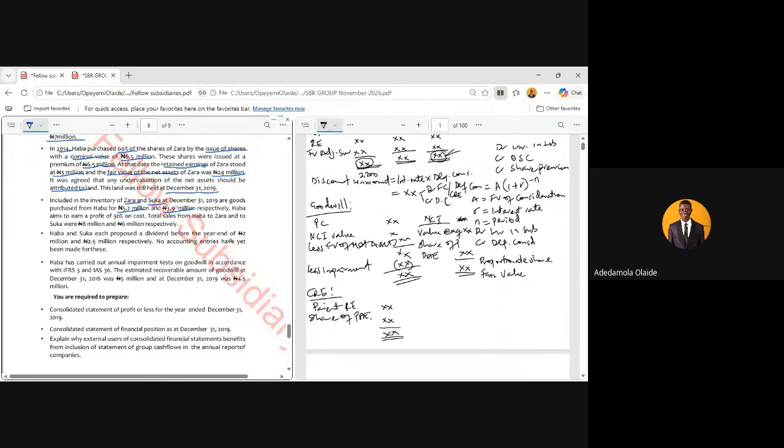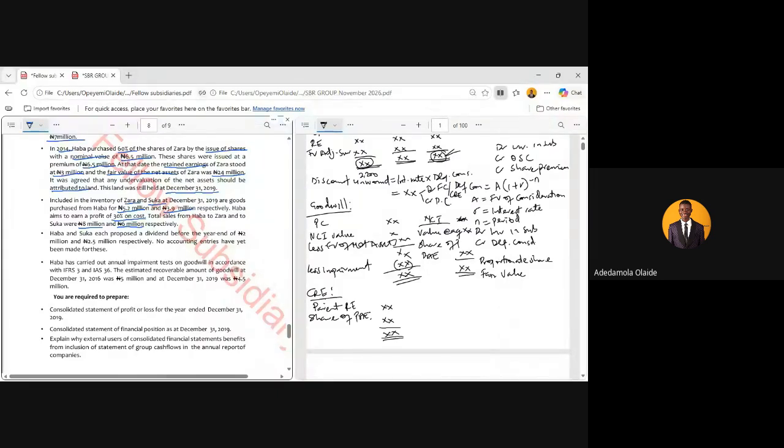Then they said Abba aims to earn a 30% profit on cost. Now, the total sales from Abba to Zara and to Zuka were what? Okay, I think I've mixed the figures up. The figures we have here, 5.2 and 3.9, are what they have left in their inventory.